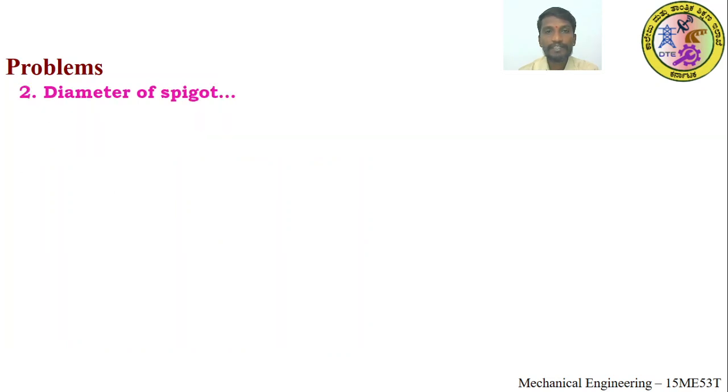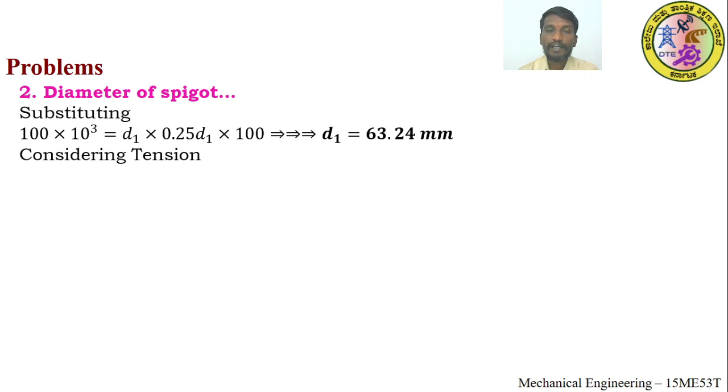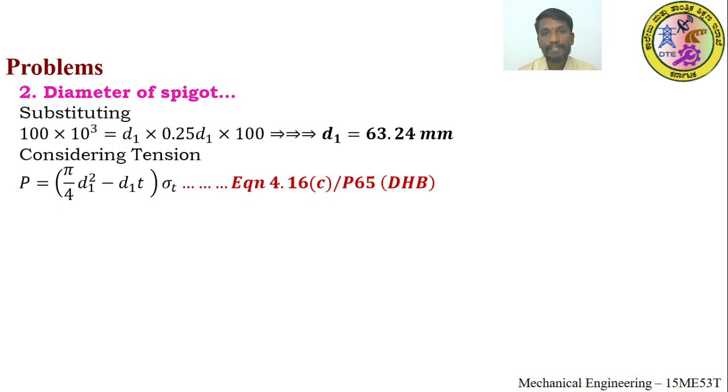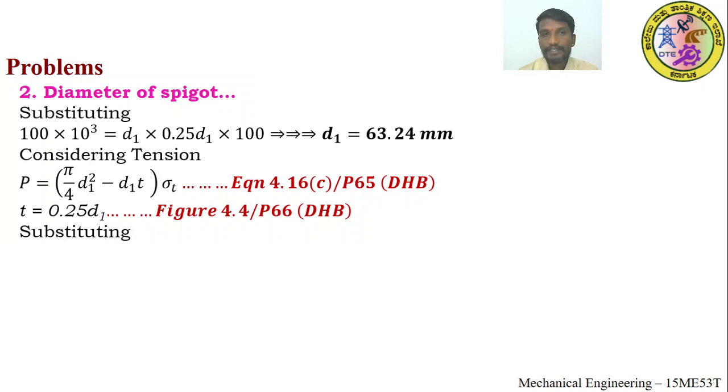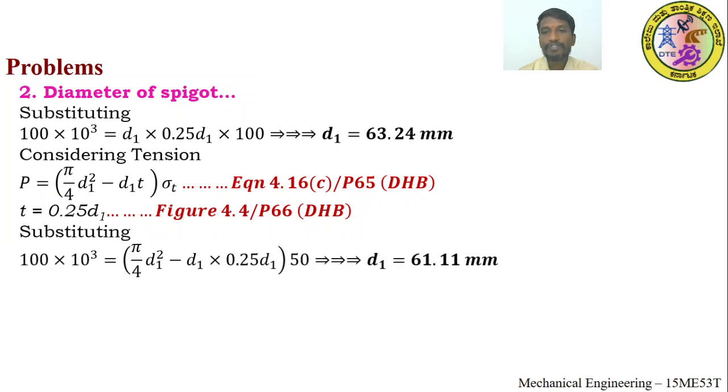By crushing we get 63.24. Now the diameter of the spigot considering tension, using equation 4.16c on page number 65, applying t is equal to 0.25 times d1 and figure 4.4 on page number 66, substituting, you will get d1 is equal to 61.11 millimeter.